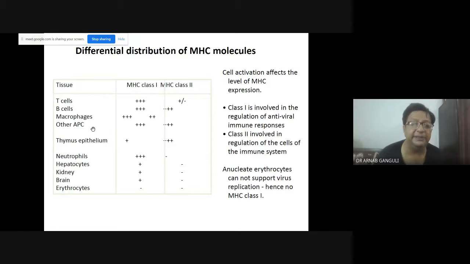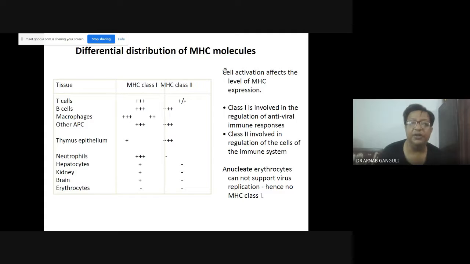Even normal cells present antigens on MHC class 1 molecules. Thymus epithelium has mild expression. Neutrophils, hepatocytes, liver, kidney and brain have mild expression. The blood cells don't have any of this expression. It is minus.